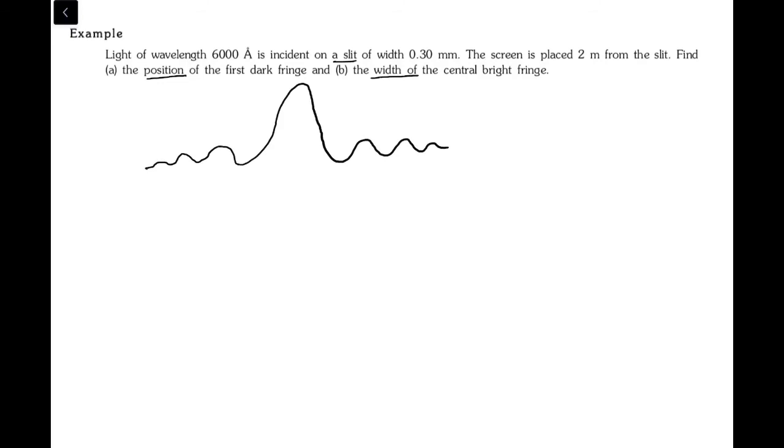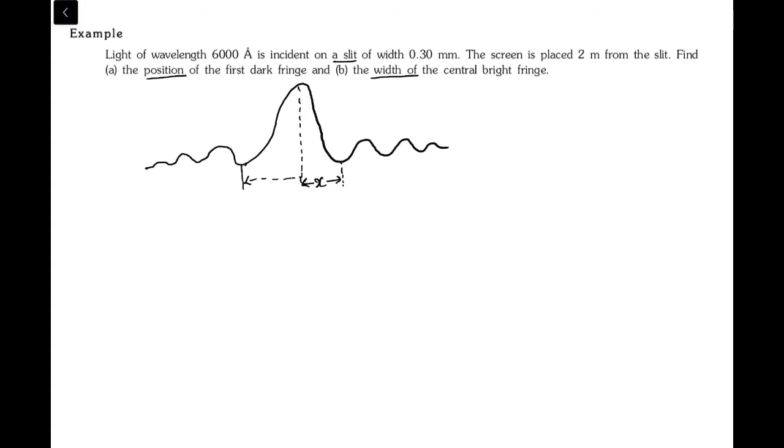So we have to calculate the position of the very first dark fringe, which means we have to calculate this distance x. Once you calculate this distance x, then the width of the central bright fringe will be nearly 2x.